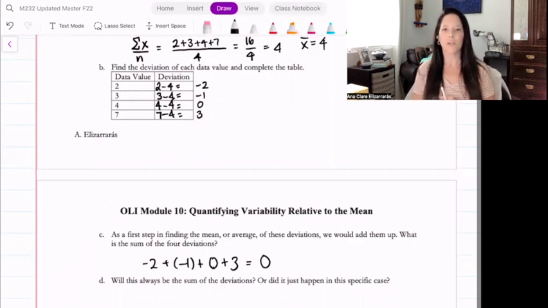The next question we are asked is, will this always happen? Are your deviations always going to add up to 0? And the answer is yes, because the mean is a balancing point. Remember from the last section, we learned that the mean balances the distances. So the distances below and the distances above, the deviations are always going to cancel each other out and be 0.